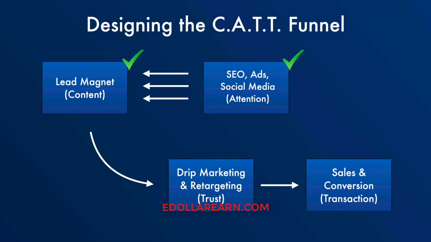And one of the important reasons that we build trust through drip marketing and retargeting is because, even if people like our content and engage with it, they are not going to build trust with us just with the quality of the content itself. The content delivers some level of trust, but that level of trust is not going to be enough for us to make them comfortable enough to buy something from us.